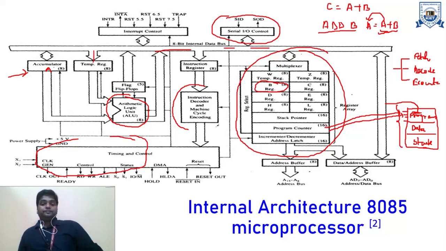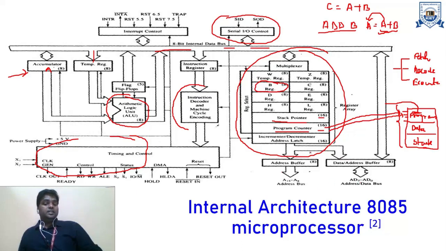Here we have the address buffer and the data/address bus buffer. As you know, an address contains 16 bits of information. The stack pointer and program counter basically contain addresses, so their information is 16 bits. The 16-bit information is divided into two parts.